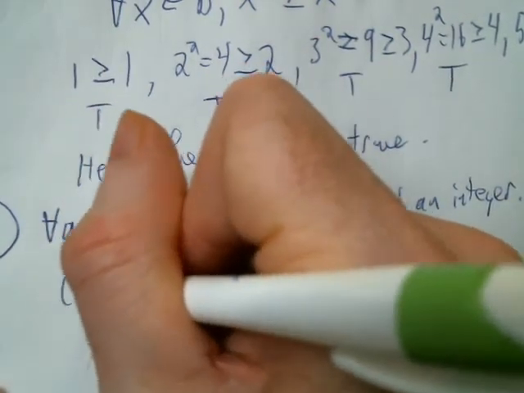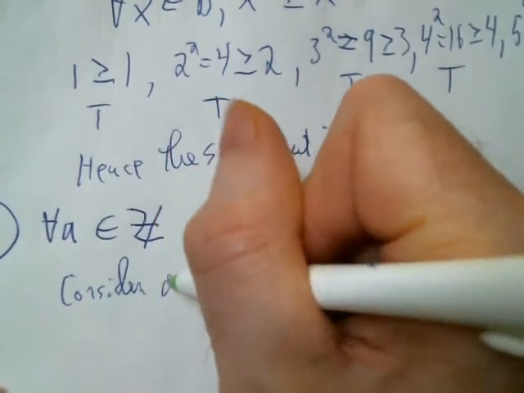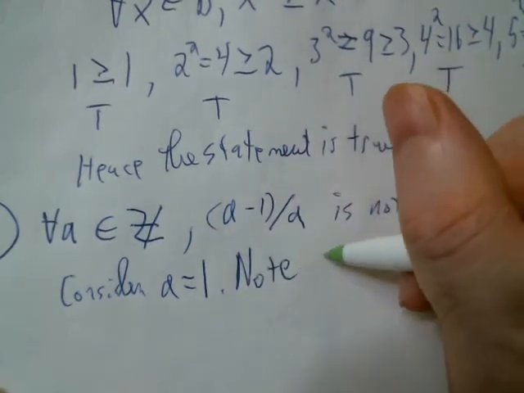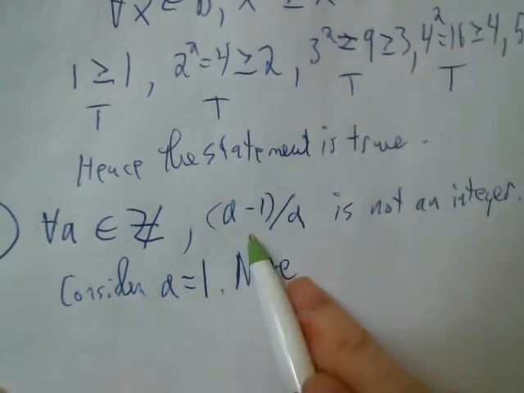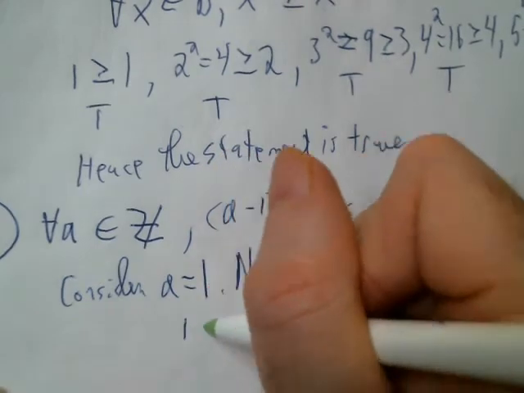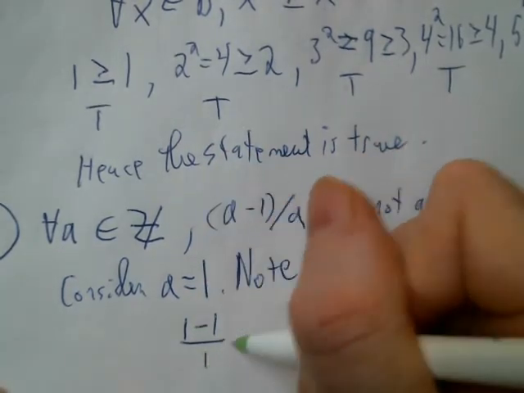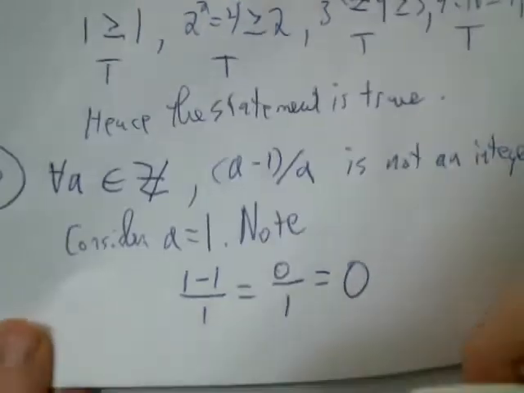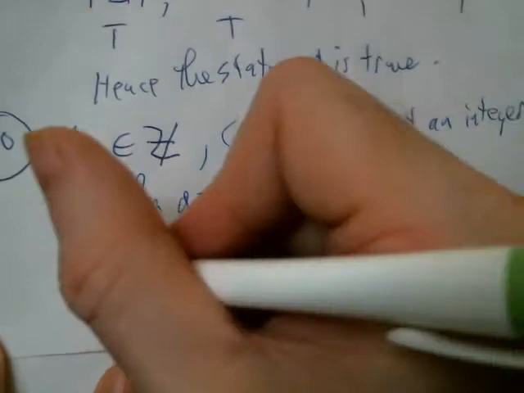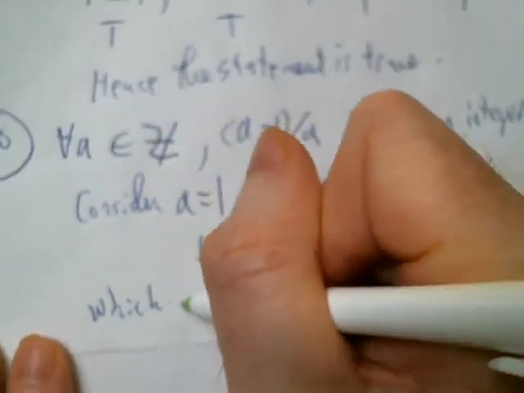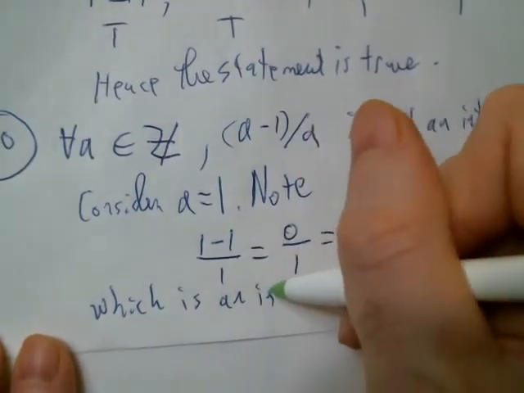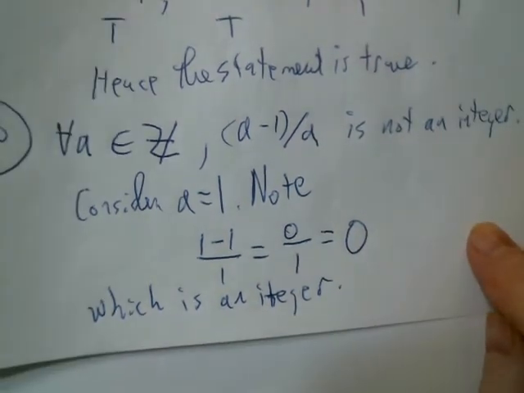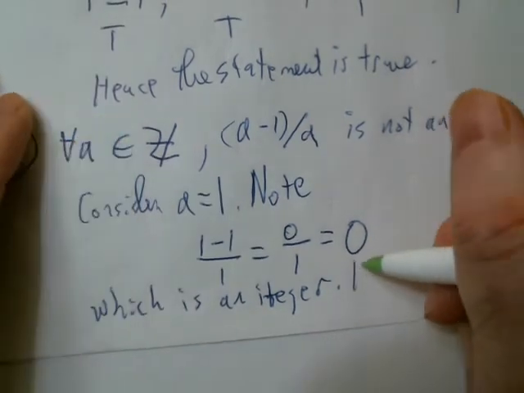So consider a equal to 1, and then we note if I plug 1 into the predicate here, I'll have 1 minus 1 all over 1, which is equal to 0 over 1, which is equal to 0, which is an integer. 0 is an integer. Hence, the statement is not true. The statement is false.